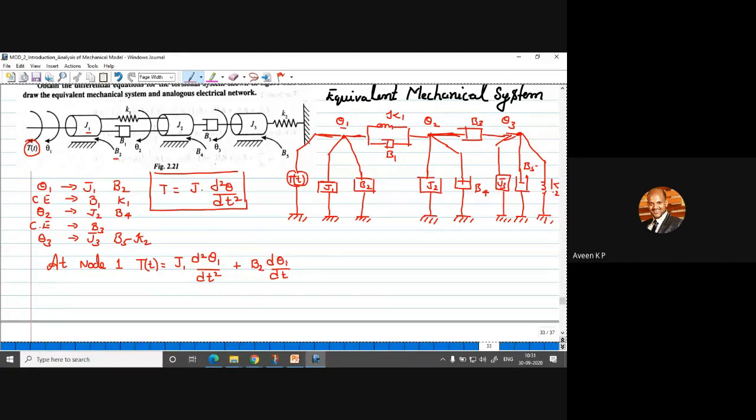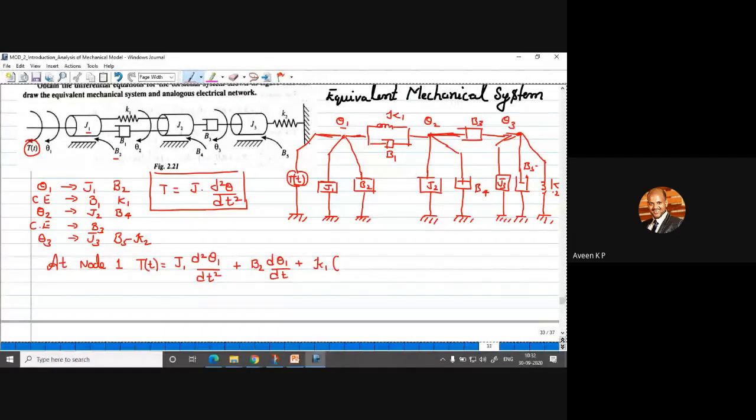So these two elements are undergoing purely theta 1, and similarly we have common elements K1 and B1. You need to represent the same. For the spring, it is the spring constant multiplied by the displacement. So here K1 multiplied by the displacement.